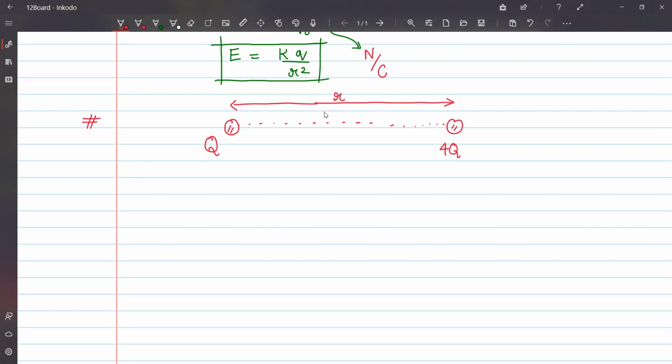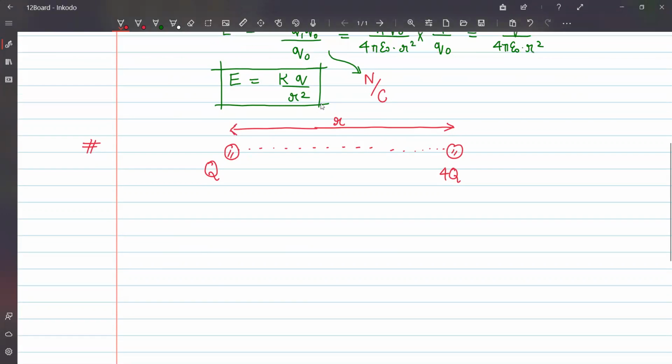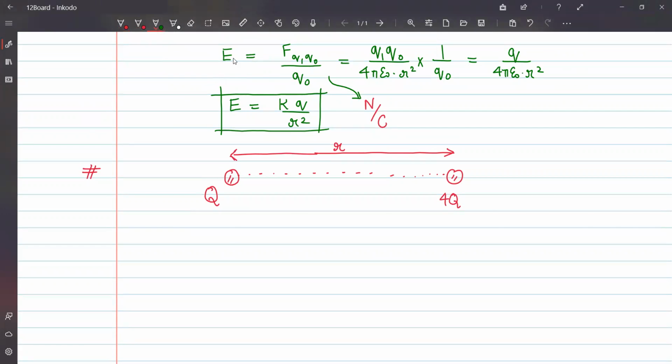So you can directly find the point at which electric field is 0. Electric field is force per unit charge, so force can be written as charge times the electric field in the region.